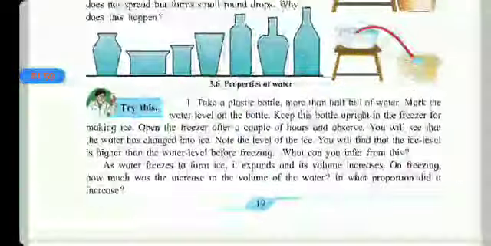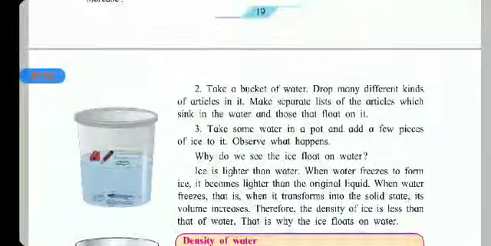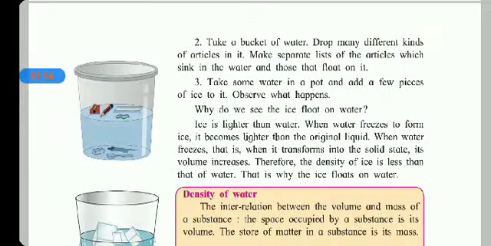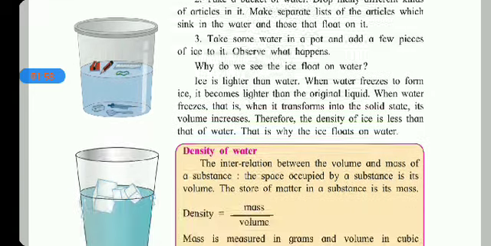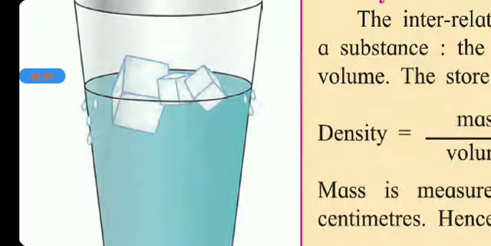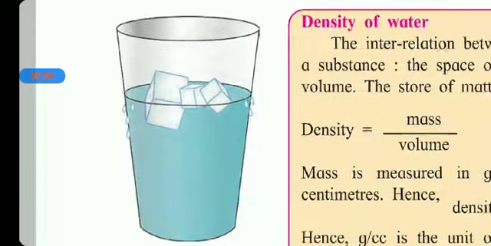Next, we have seen that water expands while freezing. That means when water gets converted to ice, it will expand. That means its volume is going to increase and its density is going to decrease. That's why we have seen the example that ice floats on water.